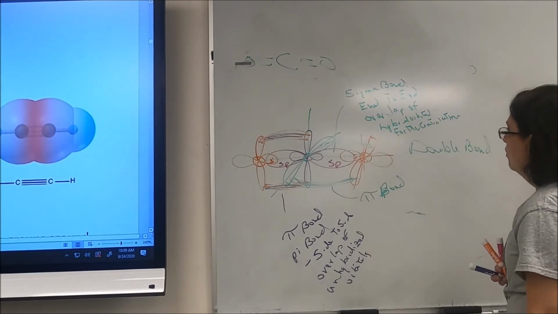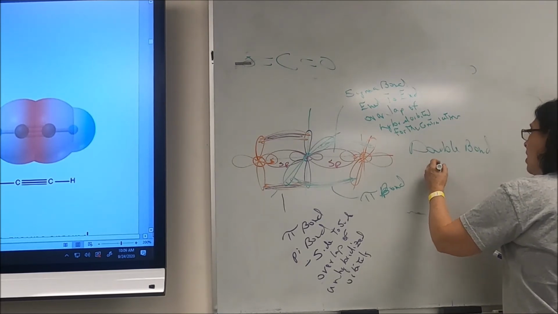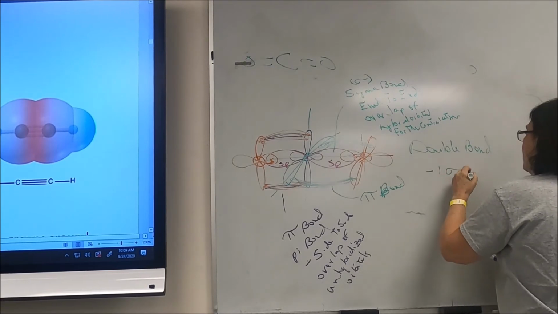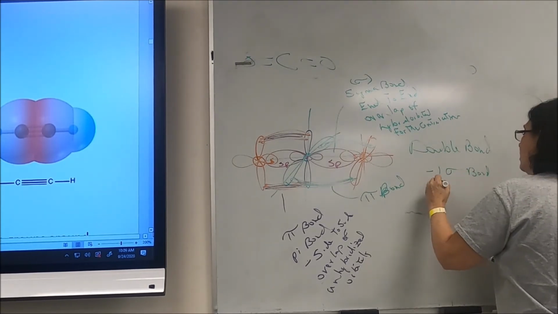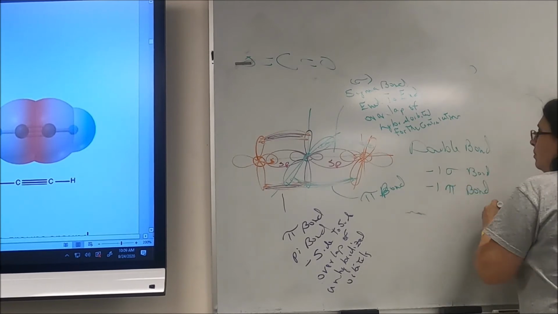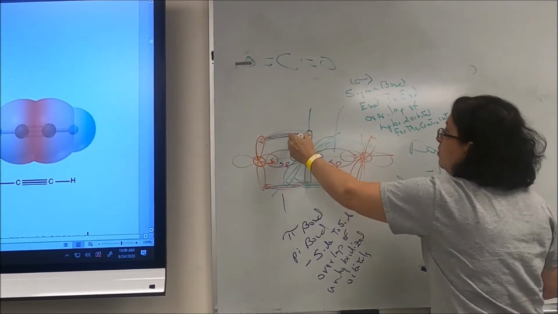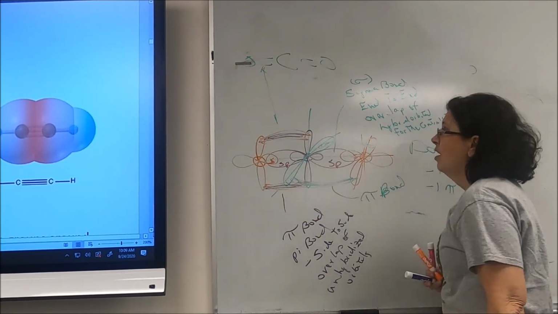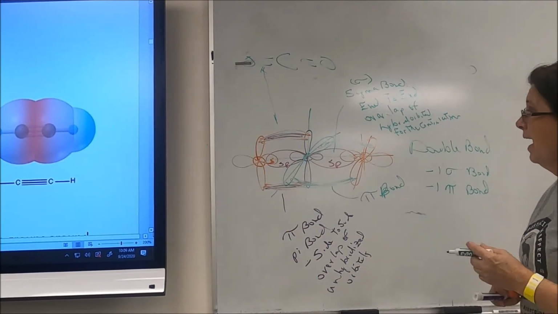So in a double bond, I have one sigma bond, and there's the symbol for sigma, and one pi bond. So a double bond, this bond right here, okay, is a sigma and a pi.